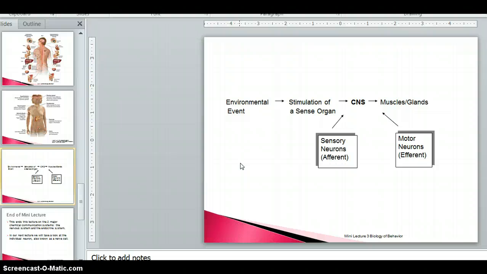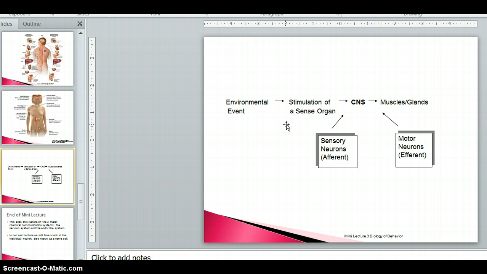This diagram is a very simplified way of better understanding the steps that occur to make behavior happen. So the event in this situation, if we start at the beginning of this flow chart, the environmental event is the listening to or the viewing of the video. Environmental events, to be translated eventually into behavior, need to first of all be stimulated by one of the sense organs in the organism.